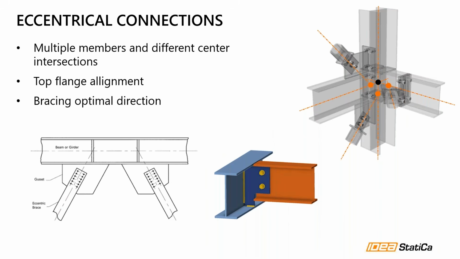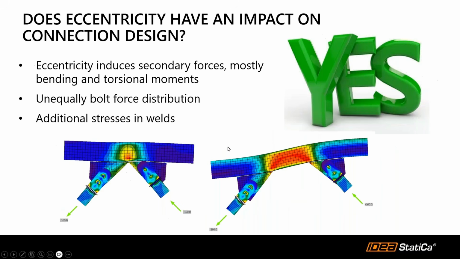I do believe that everybody listening has met eccentricity on a structure and needed to handle it somehow. Some of them are quite obvious on structures like this: multiple members with different center intersections, top flange alignment, and bracing optimal direction. Those are typical use cases and typical connections.